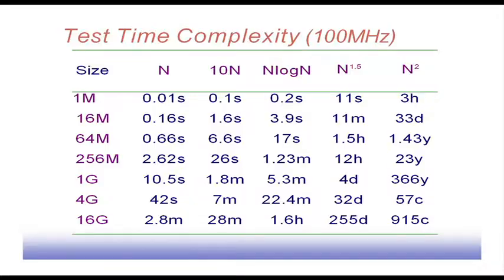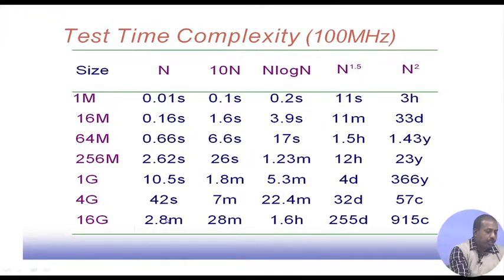However, here you cannot think of any algorithm which is beyond linear time, because these memory capacities are increasing every day with new technologies coming. So, the testing time of those memory chips will become higher and higher.